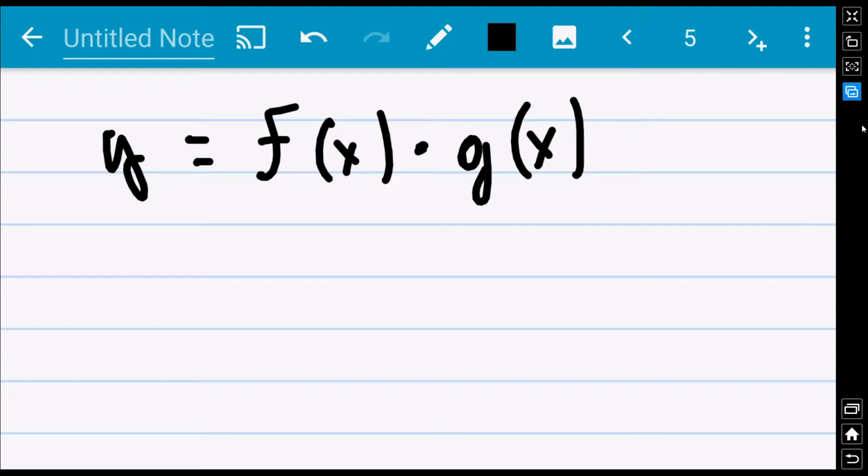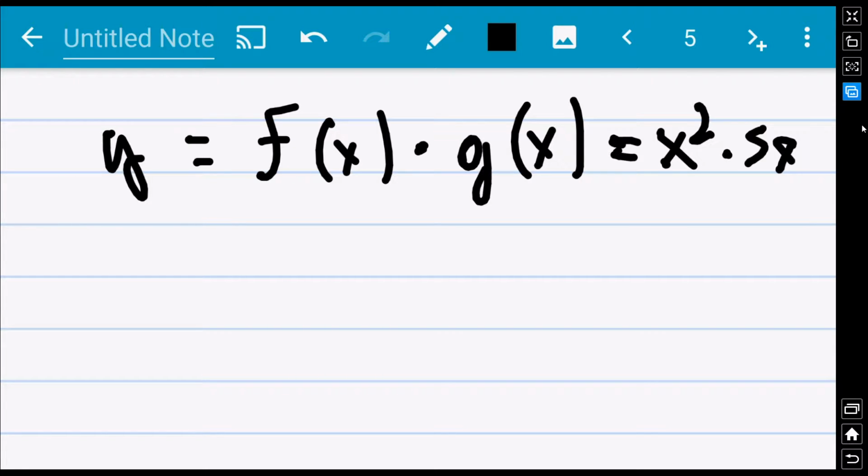What is this? Well, f of x and g of x are two different functions, it can be anything. It can be, let's say, x squared times 5x. It can be any of those.